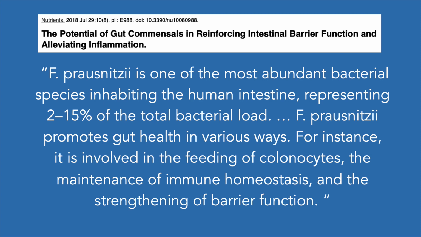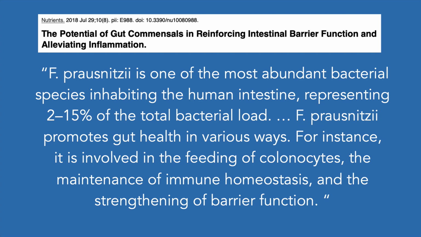So with regard to Faecalibacterium, here's one of the quotes from the paper, and they say, F. prausnitzii is one of the most abundant bacterial species inhabiting the human intestine, representing 2 to 15% of the total bacterial load. F. prausnitzii promotes gut health in various ways. For instance, it is involved in the feeding of colonocytes, the maintenance of immune homeostasis, and the strengthening of barrier function.